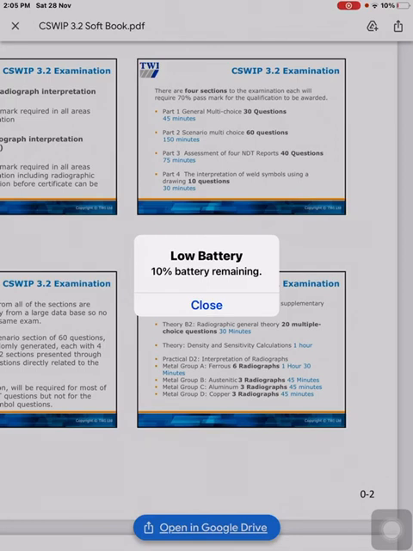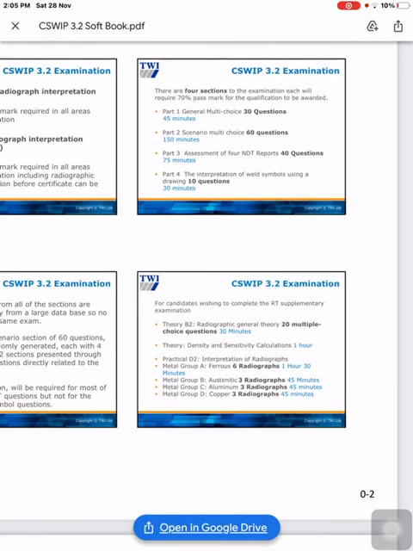If it is given as GTAW or SMAW or combined, you need to eliminate many of the welding defects during your interpretation. For example, if GTAW is there, then tungsten inclusion may be there. So you need to think about which process will contain which type of defects. It will help you out.